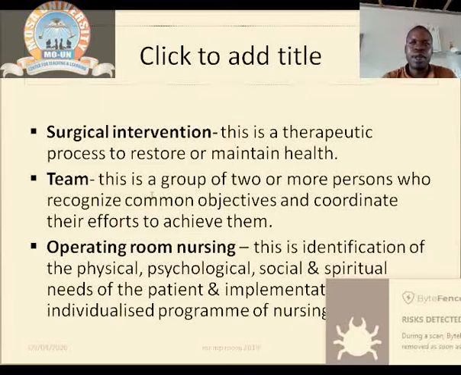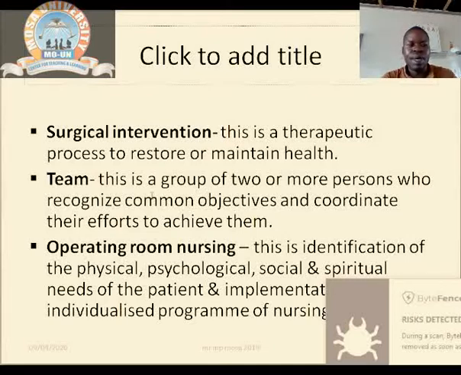For example, you have a surgeon, you have a scrub nurse, and you also have an anesthetist. These are three. A surgeon cannot operate alone. A theatre nurse cannot do the operation on his own. So they need a team, and that's why we're saying two or more people who recognize a common objective and coordinate their efforts to achieve it.